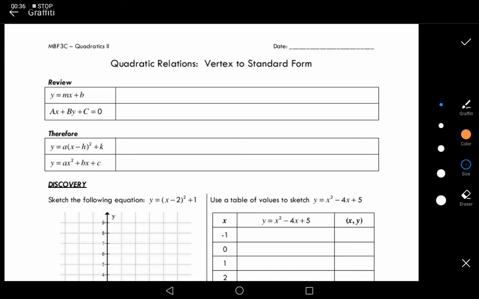So this was the equation of a straight line in what we call slope y-intercept form.